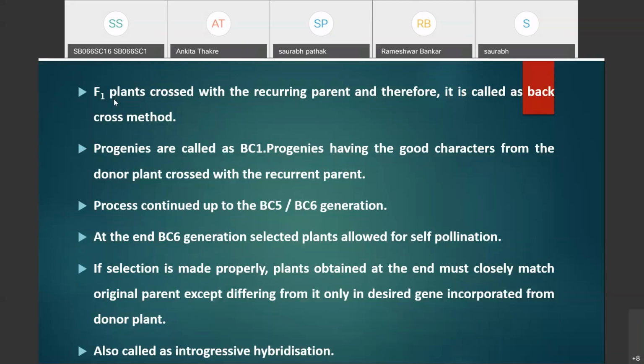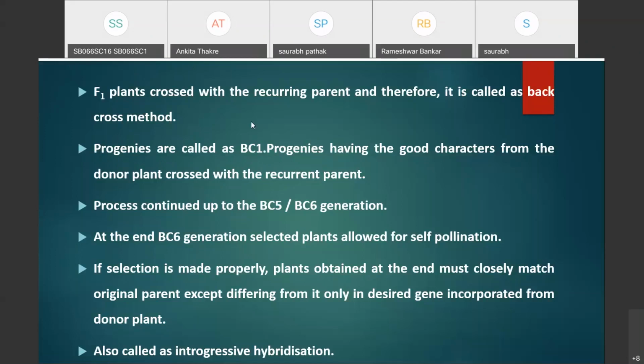The progenies produced by this backcross are called backcross generation 1, the BC1.